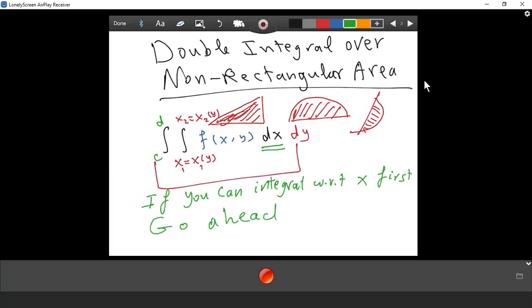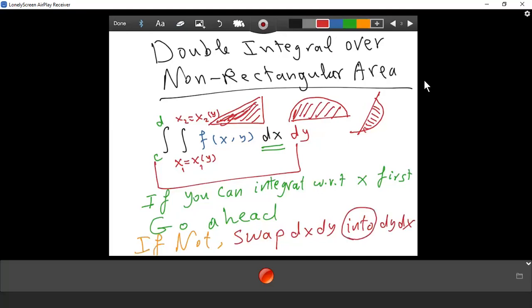What about if not? If not, swap dx dy into dy dx, right? If you swap dx with dy, is it just swap it and full stop?